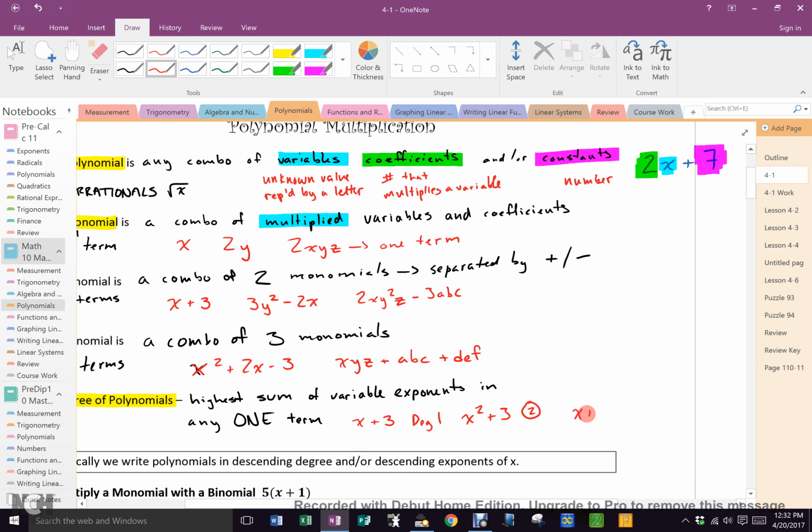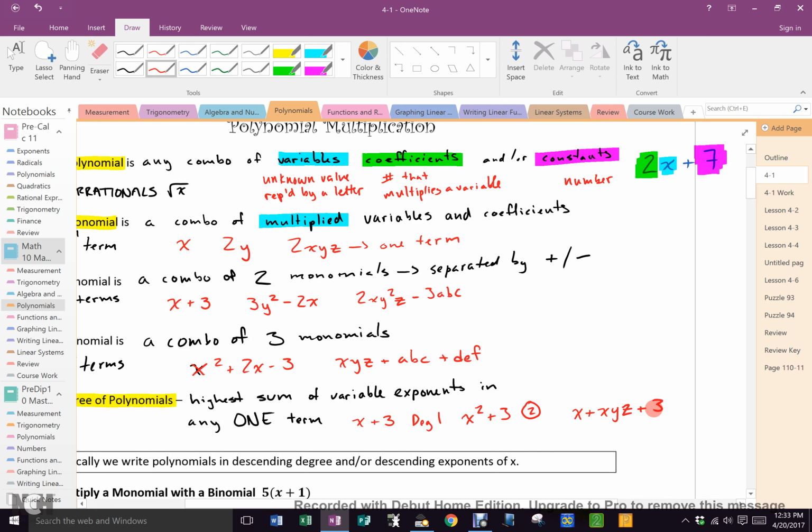Now the only time it gets tricky is when I do something like this. x plus xyz plus 3. The highest sum of variable exponents in any one term. There's variable exponents, yes? What is each exponent there? 1, 1, 1.